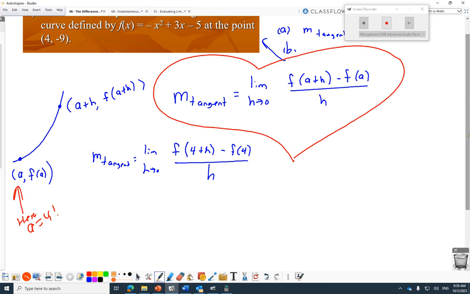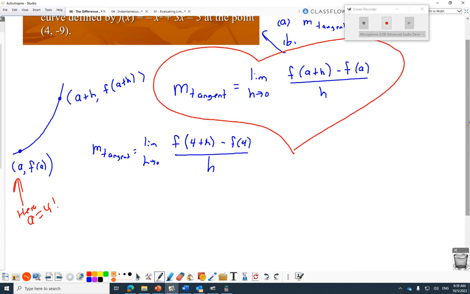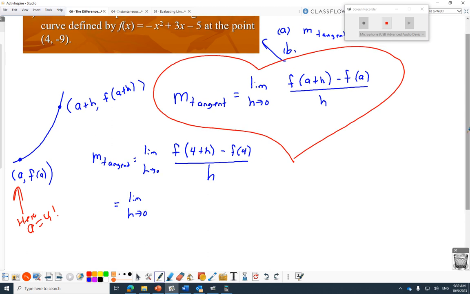Before you get too excited, there is some algebra coming here. It's why we beat you up with algebra in the first 2 chapters of 11U, in chapters 3, 4, and 5 of 12U, so that this particular moment wouldn't intimidate you. I'm going to sub 4 plus h into the function: negative 4 plus h squared plus 3 times 4 plus h minus 5, minus f at 4.